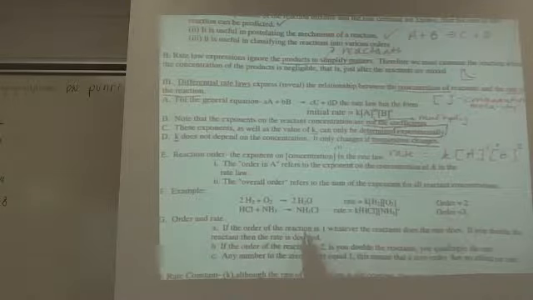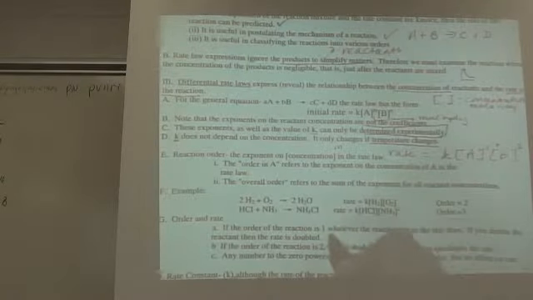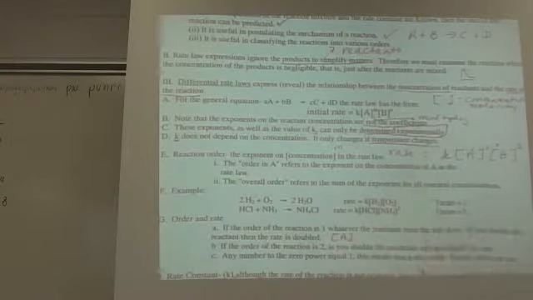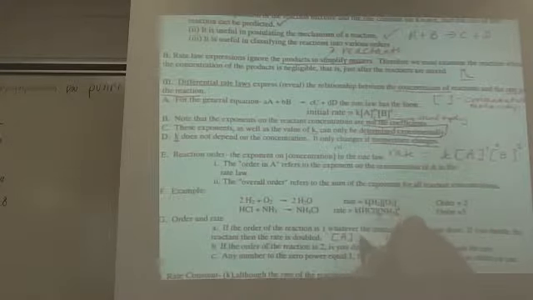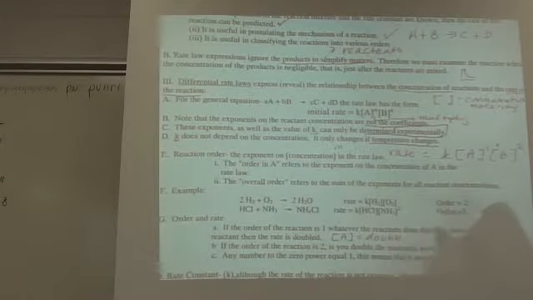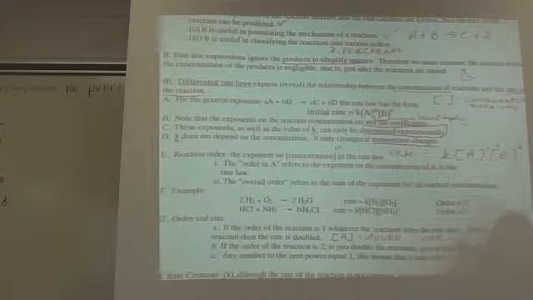Okay, if the order of a reactant is 1, let's say we have A is our reactant, and it's first order. If I double the concentration of A, then the rate will also double.